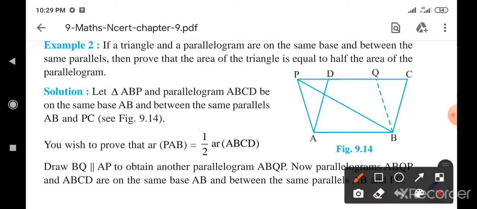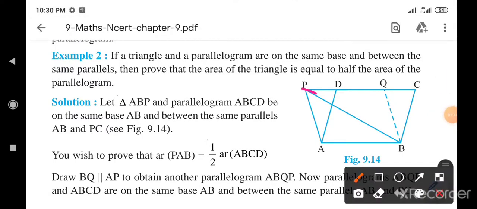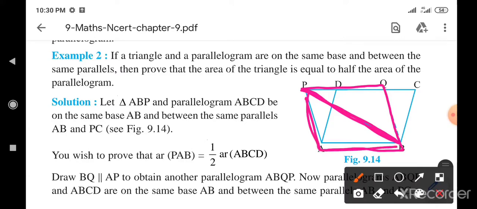Now you can see that PB is the diagonal of the parallelogram PQBA. So this diagonal bisects the parallelogram into two equal areas. Therefore, PAB is equal to PQB.